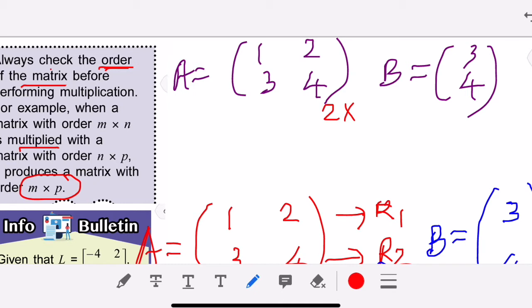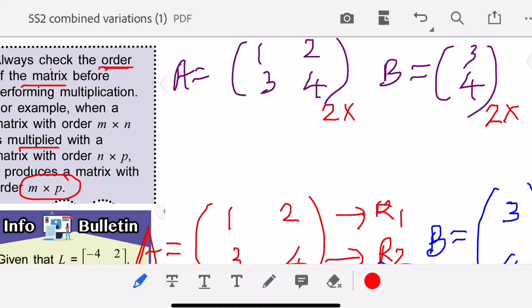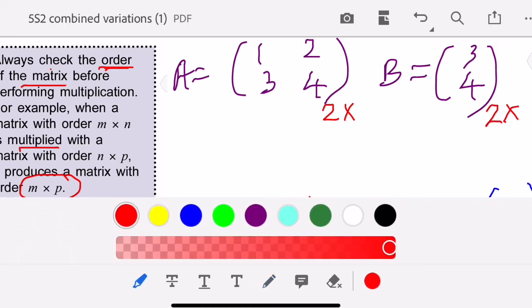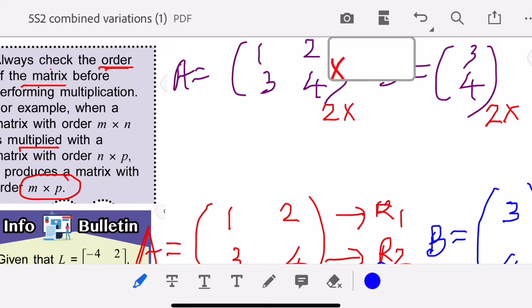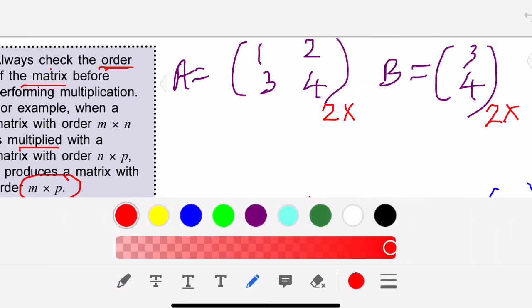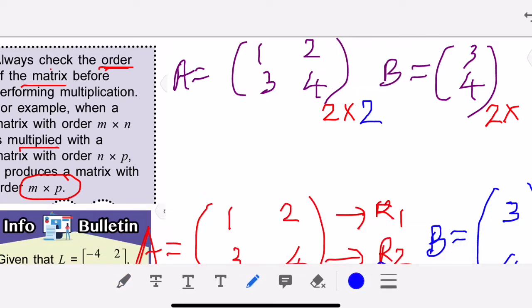This is 2 by 1, so the number of columns is 1. You notice that the number of columns of the first matrix and the number of rows of the second matrix must be the same. Understand?